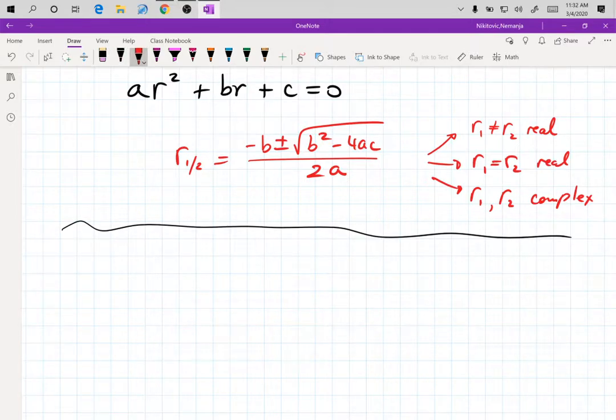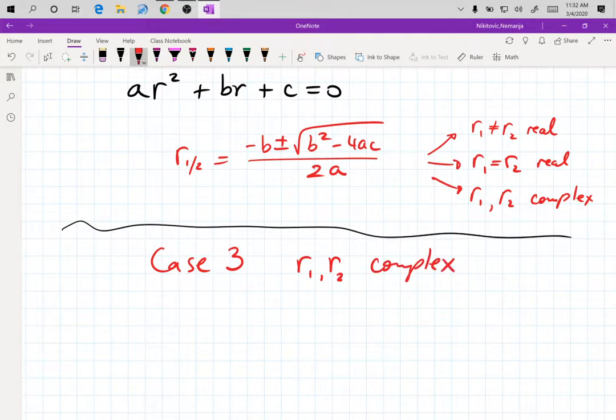So case 3, r1, r2 complex. Now, I just want to see if they're using a and b in the book. Yes, they're using a and b in the book.